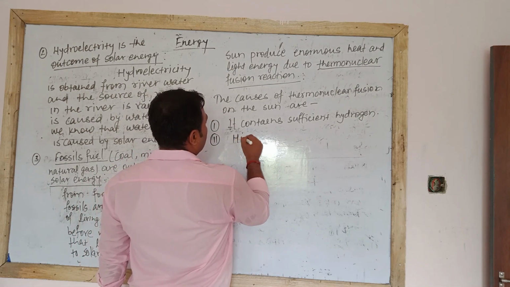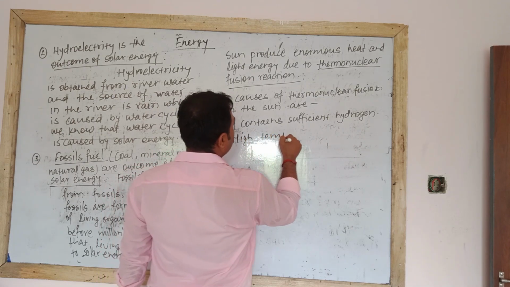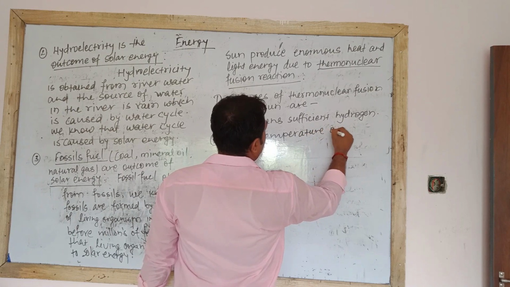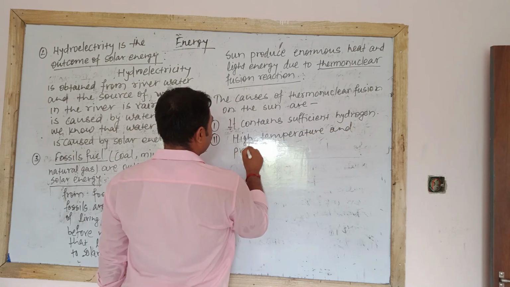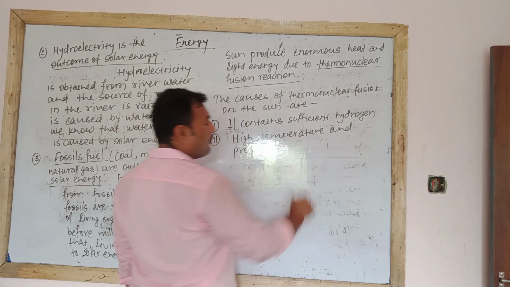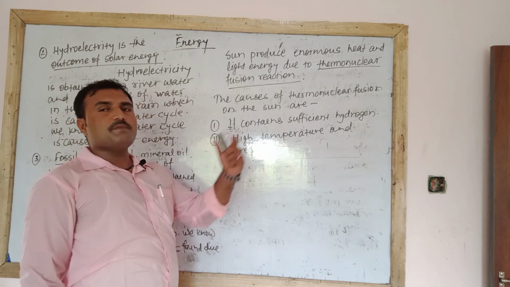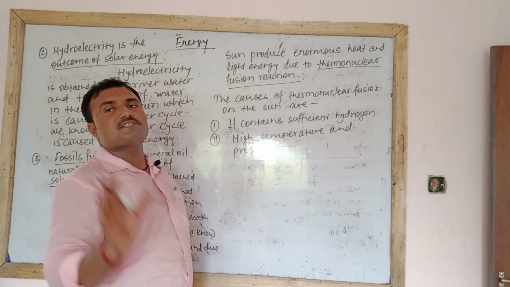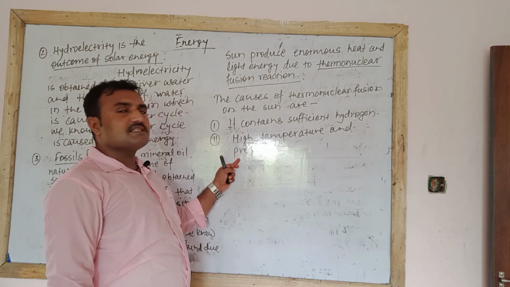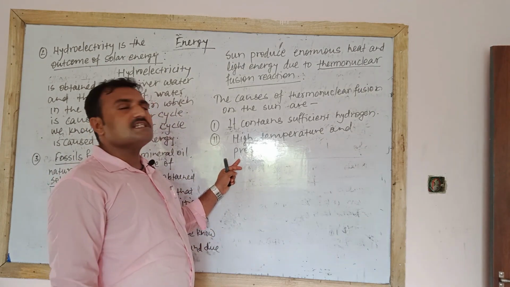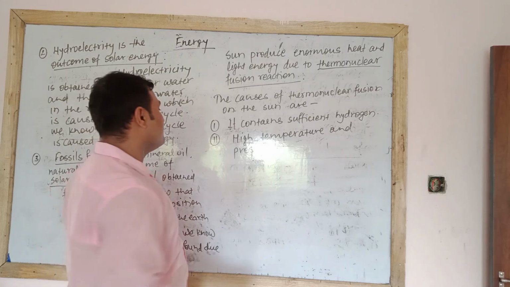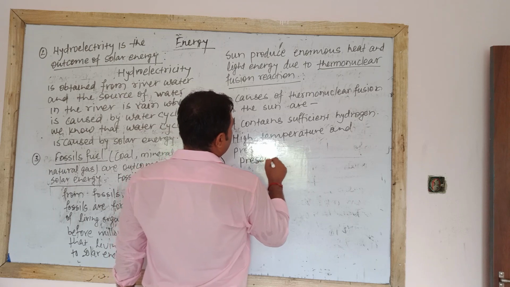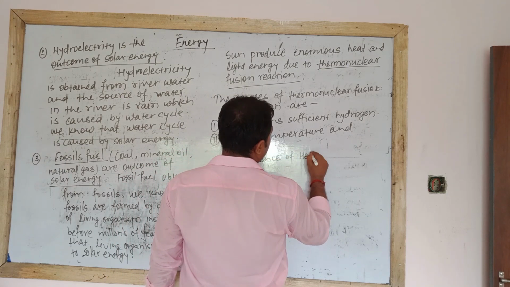Other, high temperature and pressure. More than 1 crore 50 lakh degree Celsius temperature is found on the surface of the sun, and that high temperature, high pressure causes nuclear fusion reaction to begin. The third evidence is related to presence of helium.